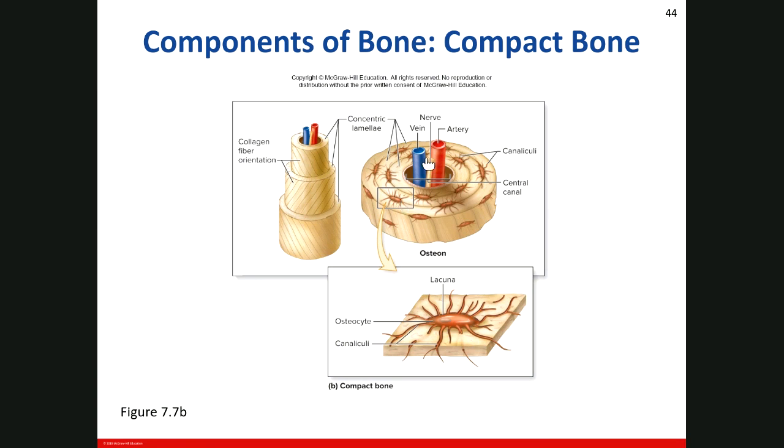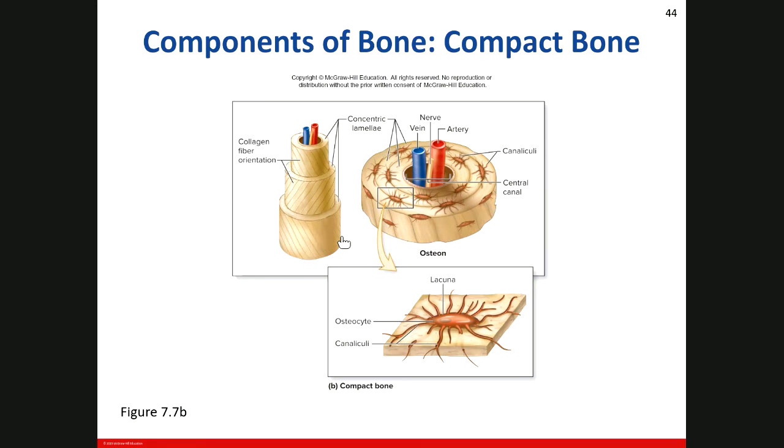So oxygen and nutrients can pass through the central canal to the first osteocyte. By the gap junctions, they can go to the next osteocyte and go to all the osteocytes which we have in one osteon.